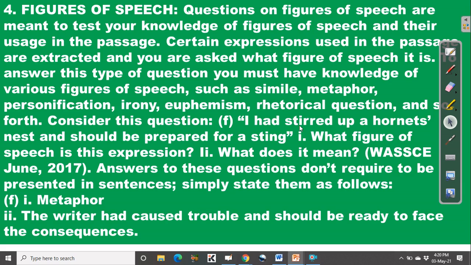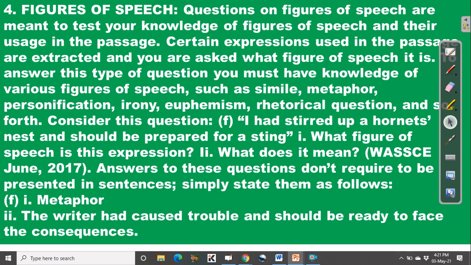When someone says this, the person is relating his or her experience. So, in other words, the person is using this figure of speech to represent a specific human experience. And that is what makes it a metaphor.